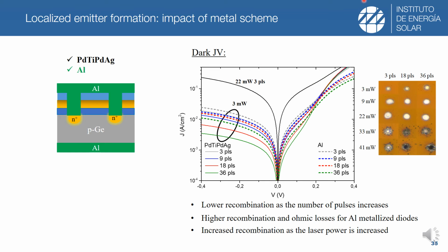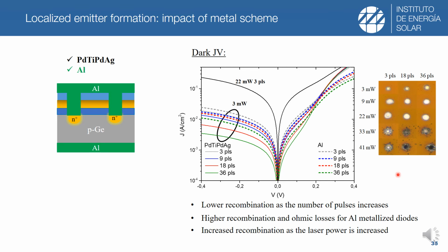So here in this picture I just wanted to show you the impact of the laser condition on the morphology of the laser spot when increasing the laser power, and also with increasing the number of pulses. As you can see, when increasing the laser power, there is an increase in the diameter size and also in the amount of molten splashes surrounding the laser spot, which can deteriorate surface passivation.